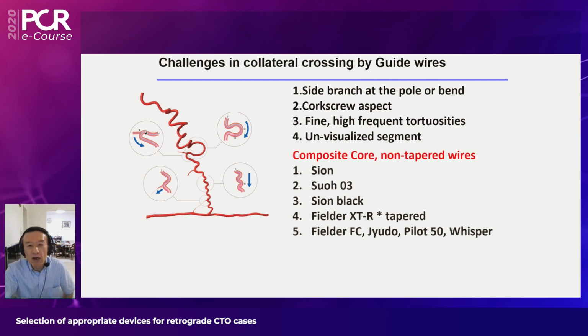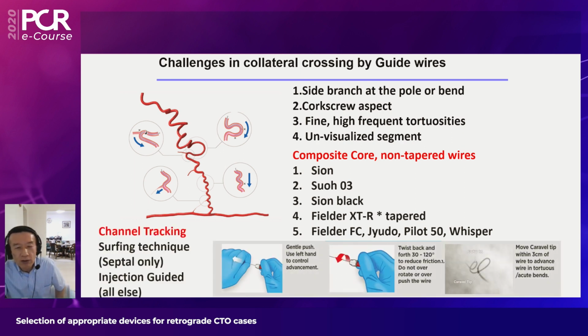Probably a composite core non-tapered wire first, such as Sion, SO3, Sion Black, Fielder FC, or the Judo and Pilot 50 in the past. But sometimes, as a last resort, tapered wires such as the Fielder XTR. The way to cross the collateral channel will be surfing, as Paul mentioned, but this applies only to the septal. Otherwise, injection-guided is probably the most reproducible way for every learner of CTO PCI.